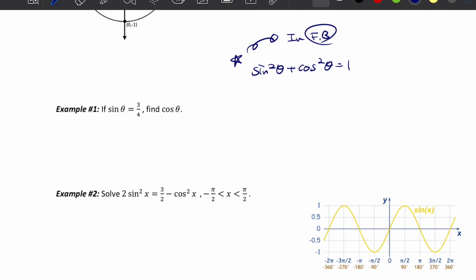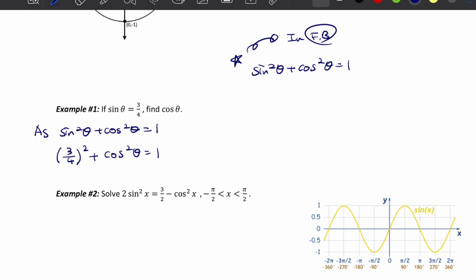Here it says that if sine theta is equal to 3 over 4, we need to find the cosine theta. Since we know that sine squared theta plus cosine squared theta equals 1, we can replace the sine theta with 3 over 4 and square it, plus cosine squared theta equals 1.